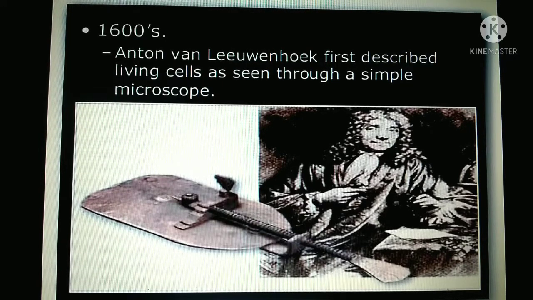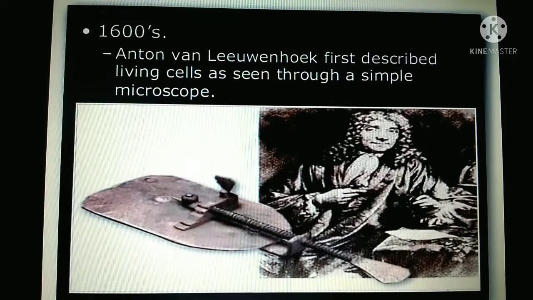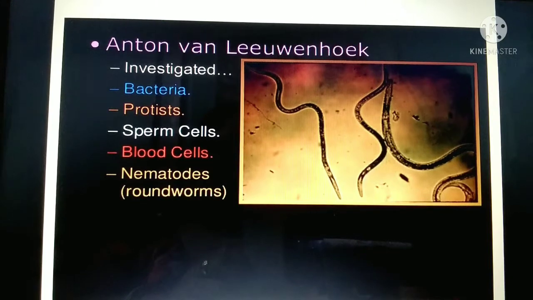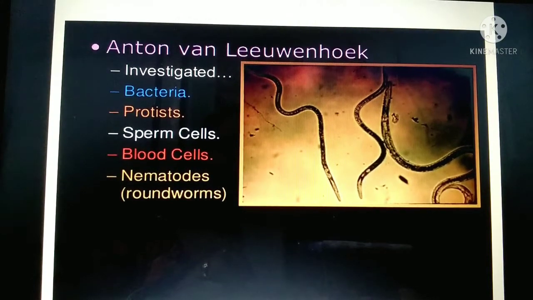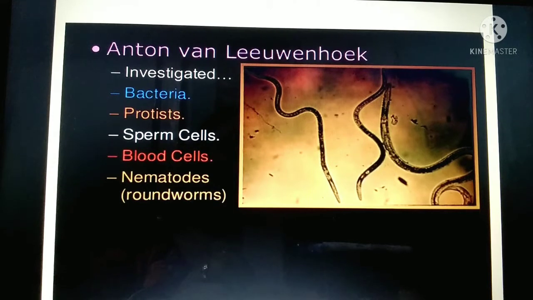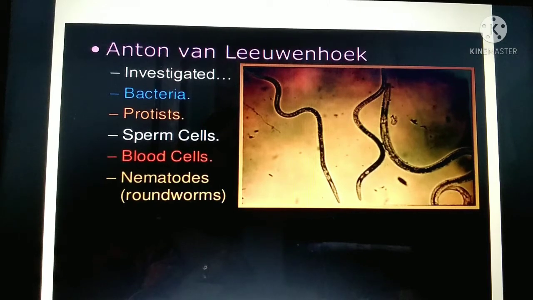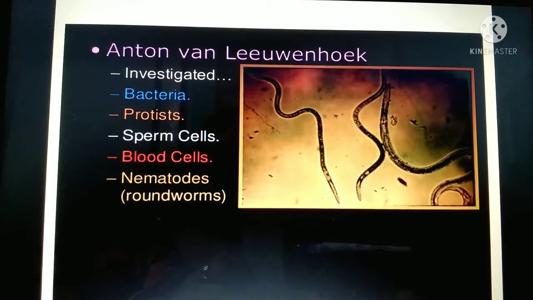In 1674, he discovered these free cells in the form of bacteria, and in 1678 he discovered and described the sperm cells of humans, dogs, rabbits, insects, frogs, and fish. He investigated cells such as bacteria, protists, sperm cells, blood cells, and nematodes, or roundworms.